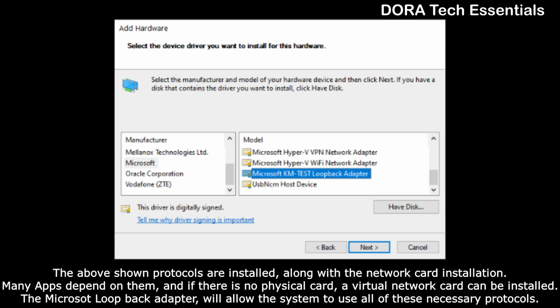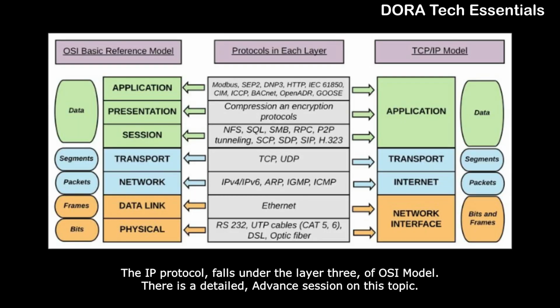The Microsoft loopback adapter will allow the system to use all of these necessary protocols. The IP protocol falls under Layer 3 of the OSI model. There is a detailed, advanced session on this topic.